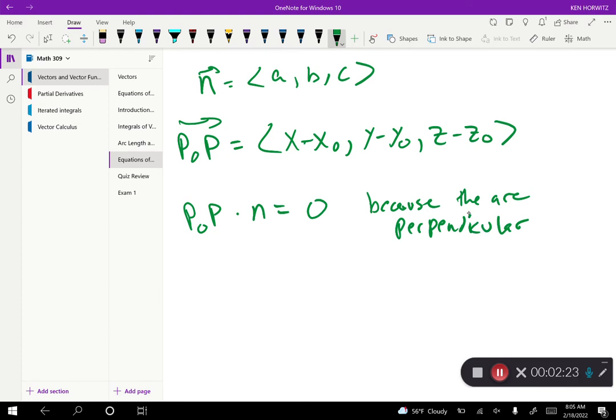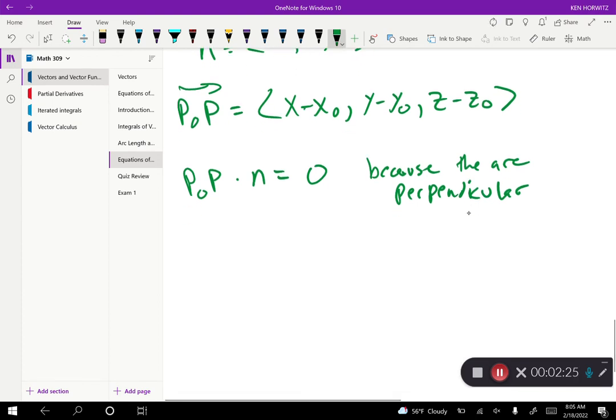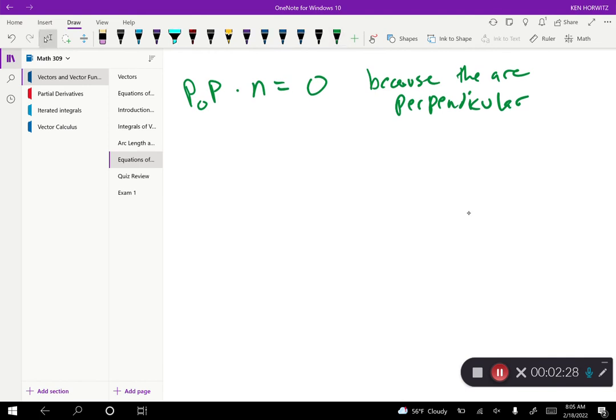So let's do the dot product of those two things. So if I have X minus X naught, Y minus Y naught, Z minus Z naught, dot A, B, C, that should equal 0.